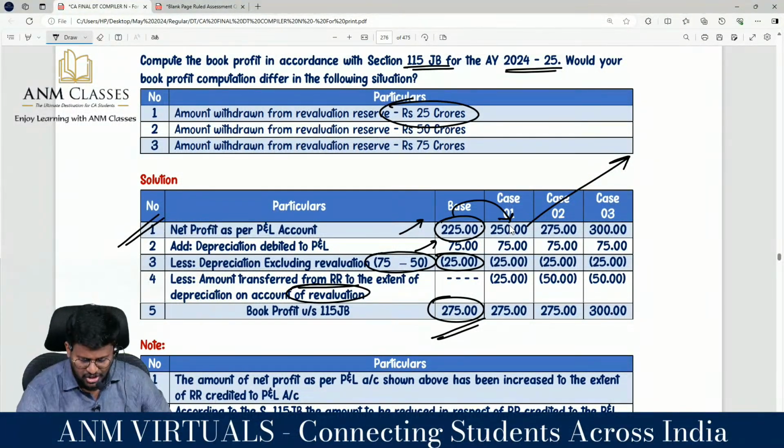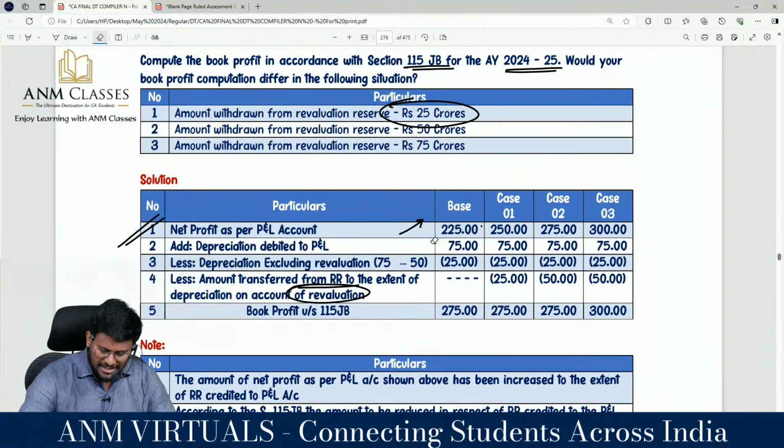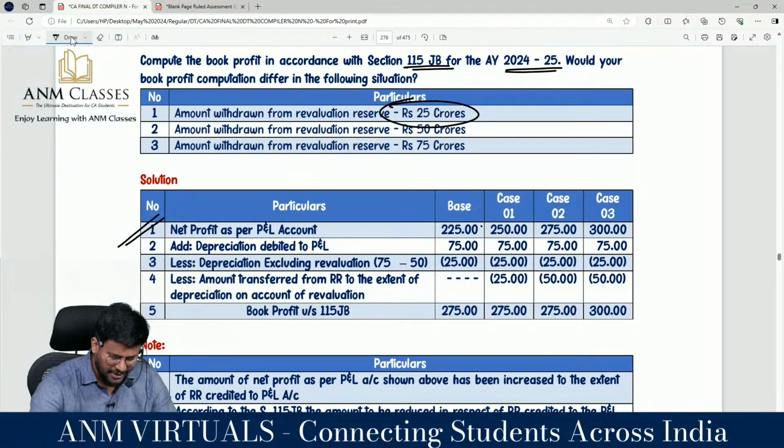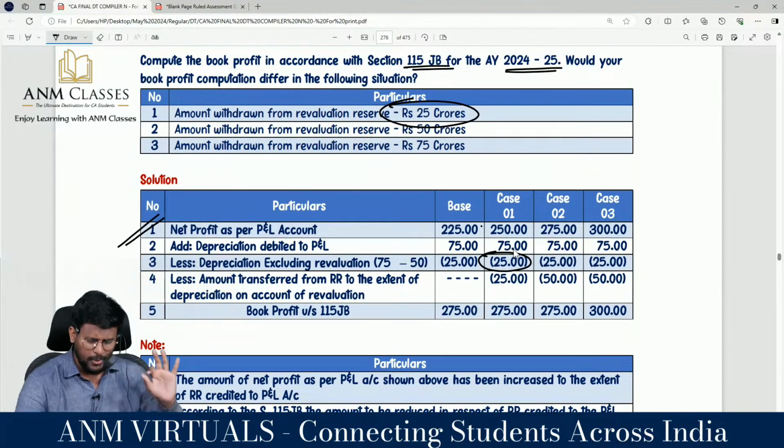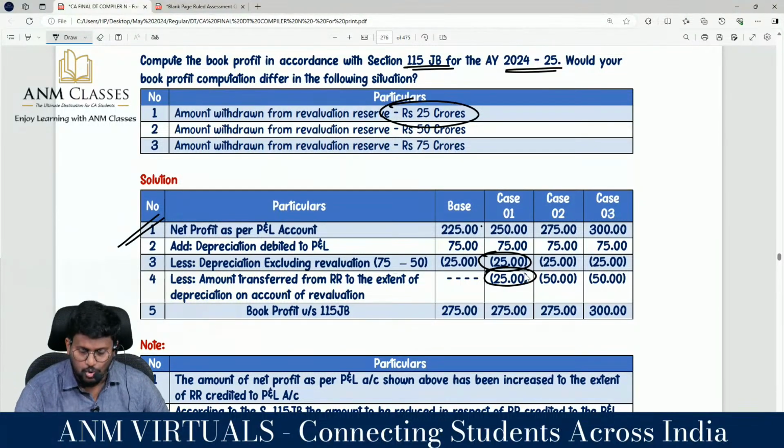Add depreciation debited to P&L, total depreciation 75 crores. Less, my dear lovable students, depreciation excluding revaluation, that is normal depreciation, 25 crore. Less amount transferred from revaluation reserve to the extent of depreciation on revaluation, 25 crore.